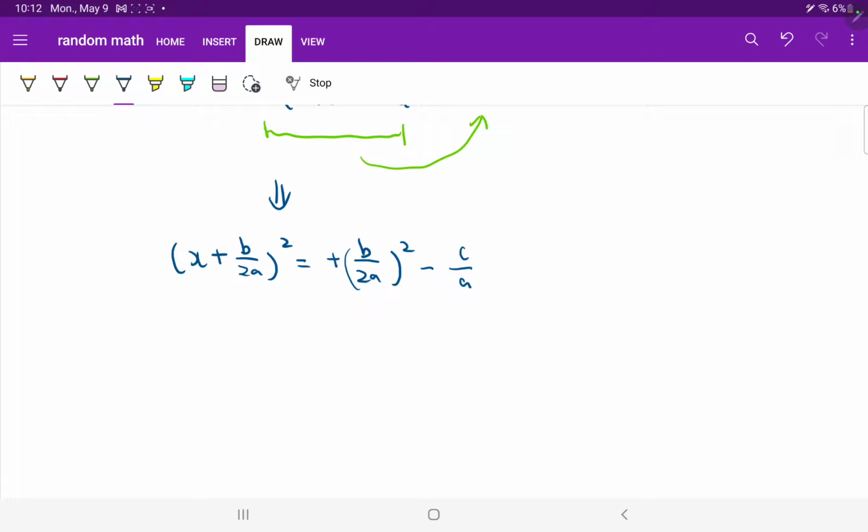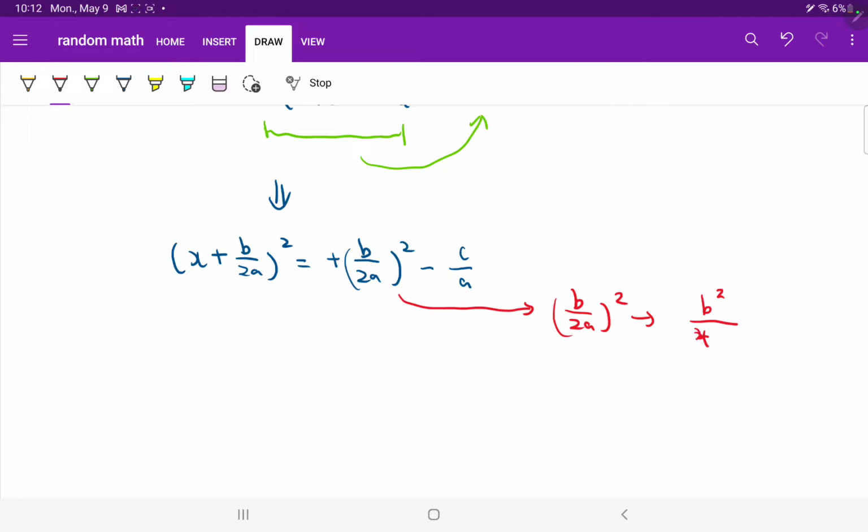So let's further simplify the terms on the right. So we have b over 2a squared, right? So what would this become? Well, if you square the top, b squared is b squared. And 2 squared is 4.